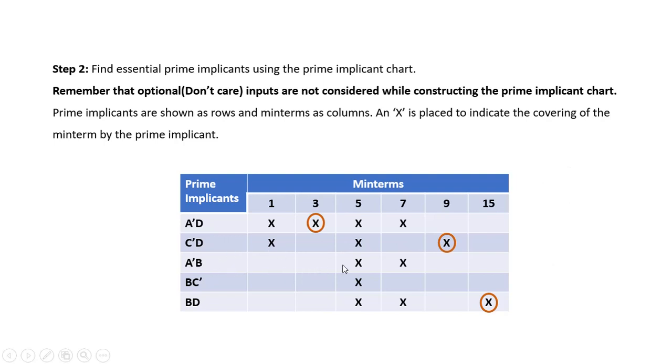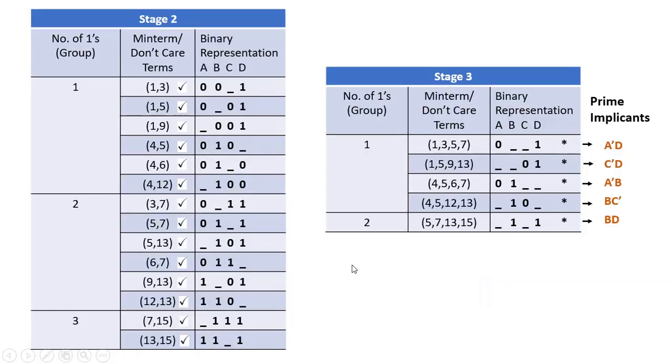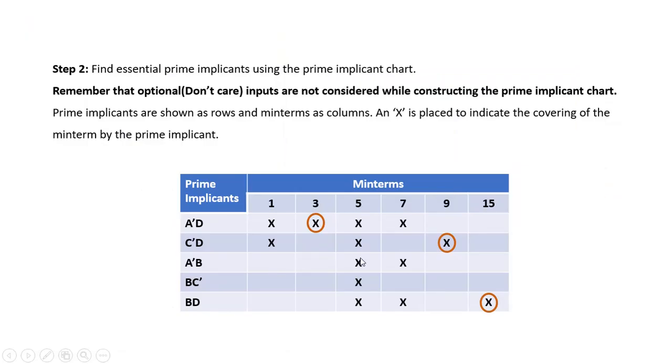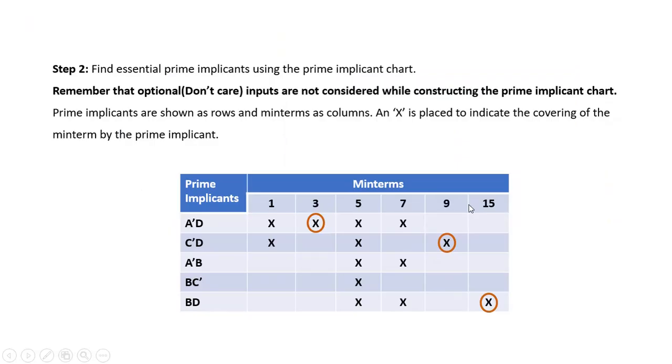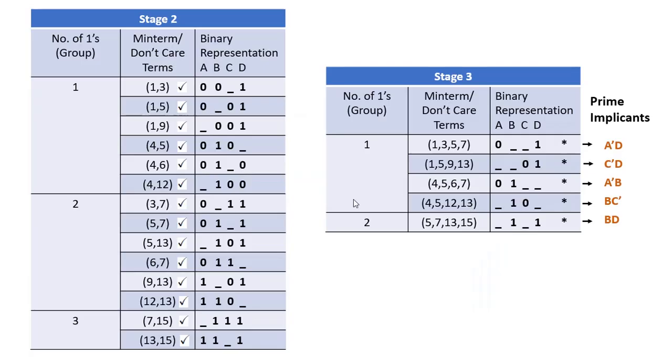Similarly, A bar B will cover 4, 5, 6, 7, but 4 and 6 were don't care, so it will cover minterms 5 and 7. Similarly, B C bar will cover 5 only, because 4, 12 and 13 were don't care.